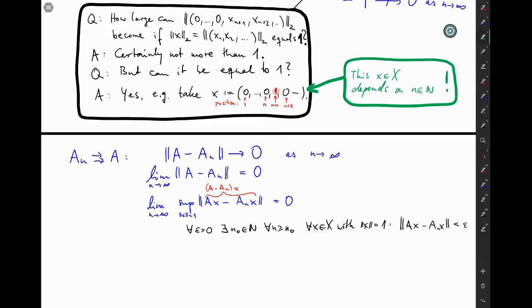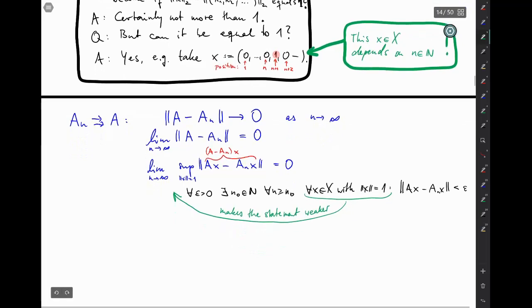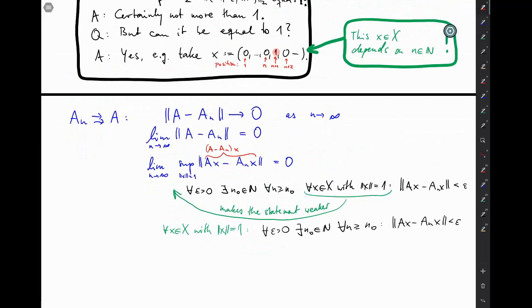So we could make this statement a lot weaker by moving this bit before the choice of n0. Then it would say every x can have or may have its own n0. Okay, let's spell it out what that means then. Then you arrive at this. But now this expression here can be abbreviated as just this convergence to 0 here.